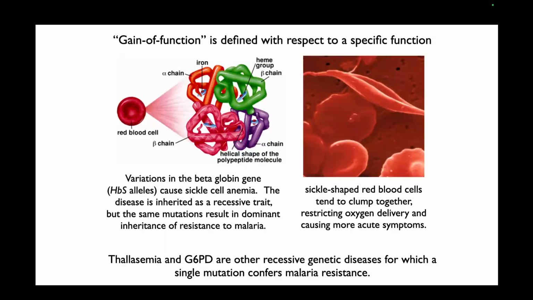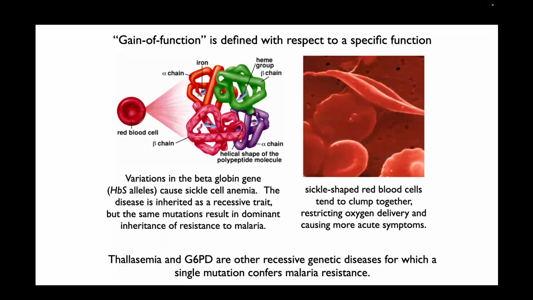So again, this is an example of gain of function. It is the beta globin gene, a mutation of which causes sickle cell anemia, right? It is inherited as a recessive trait, because if you have one copy of that variant, you are not going to be expressing it. But if you have both copies together, it is possible to be expressed.